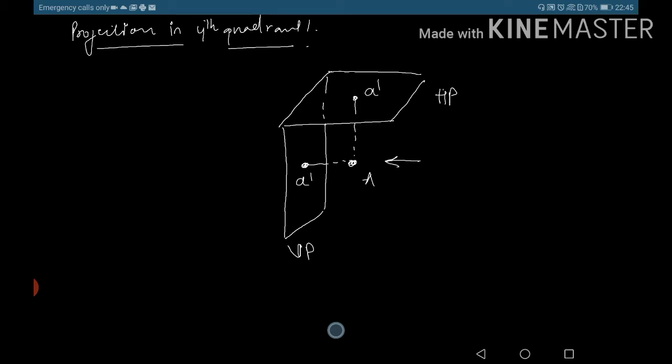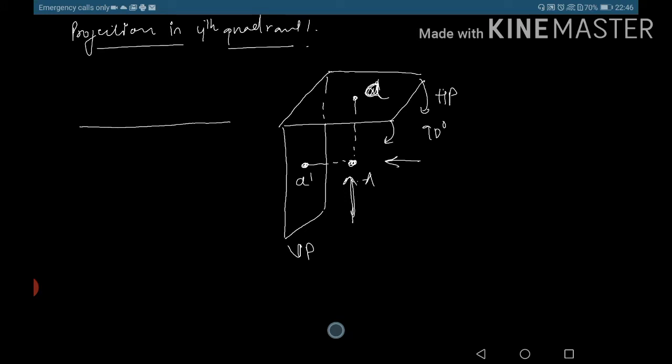A dash, and on the HP, A when you look from this side. Okay, after rotation by 90 degree, both planes will come below the x-axis.